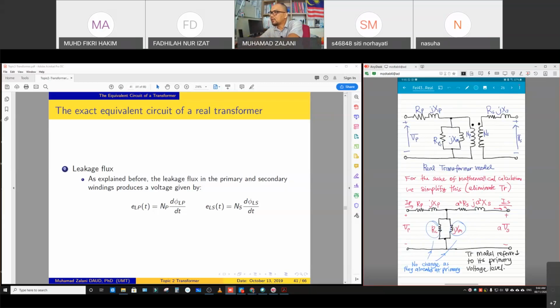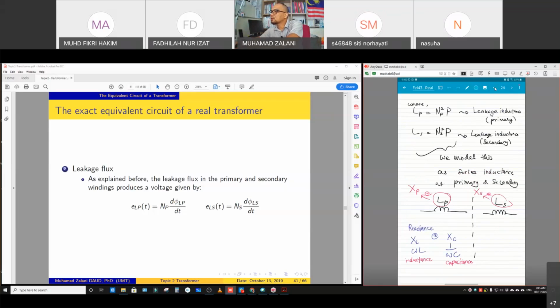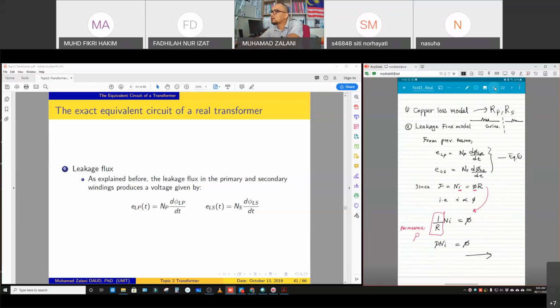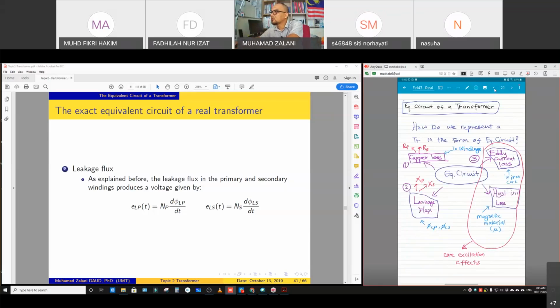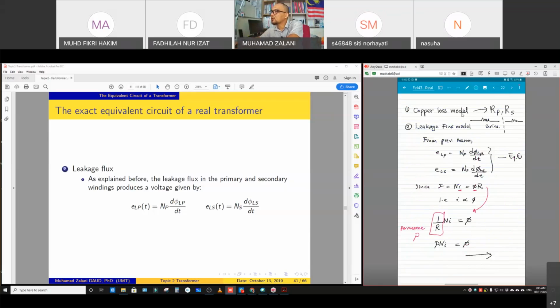This one is the eddy current and hysteresis loss, which is the parallel branch. And XP and XS are the loss for the leakage flux. So we go one by one. The first one is copper loss, which is modeled by RP and RS.